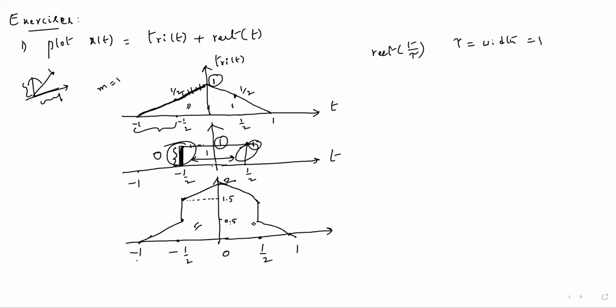Now, second exercise problem. Try to plot 1 plus signum of 4 minus t. I am giving you the problem here.